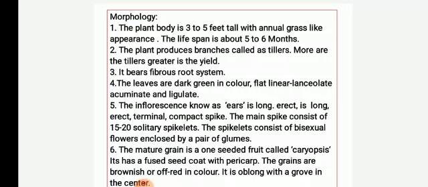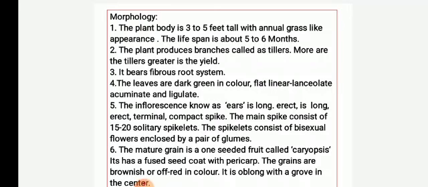The inflorescence is known as ears. These ears are long, erect, terminal, compact and called a spike type of inflorescence. The main spike consists of 15 to 20 solitary spikelets.